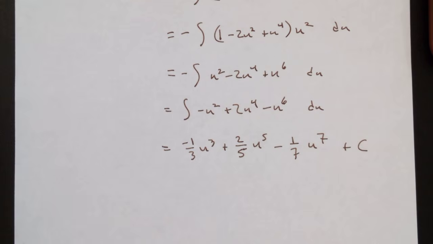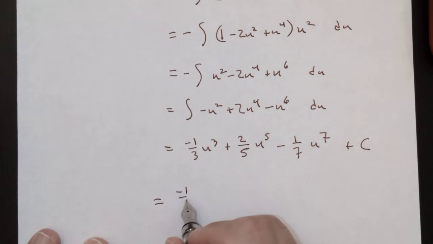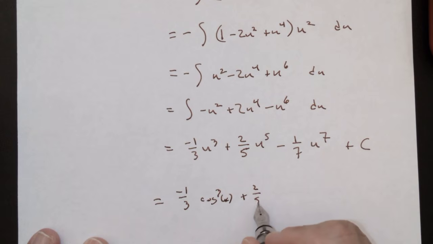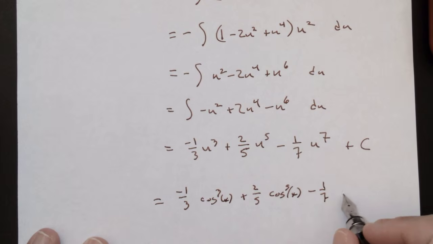Since it's an indefinite integral, if it was definite, I could change the numbers, but I didn't do that. So I end up with, what was u? So we put everything back in cosine: minus 1/3 cosine cubed x, plus 2/5 cosine to the 5th x, minus 1/7 cosine to the 7th x.